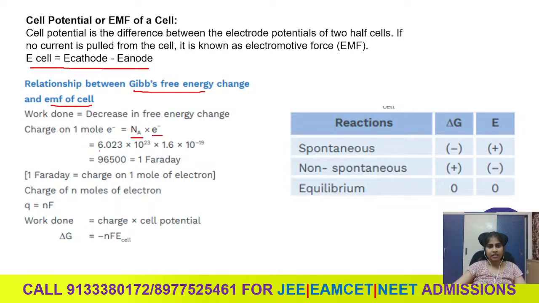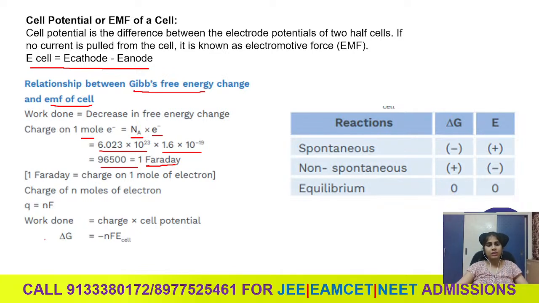That means we multiply Avogadro number and charge of the electron, 6.023 into 10 power 23 into 1.6 into 10 to the power of minus 19, which gives 96500. That is known as 1 Faraday. By multiplying Avogadro number and charge of the electron, we get the charge on 1 mole of electrons, known as 1 Faraday.